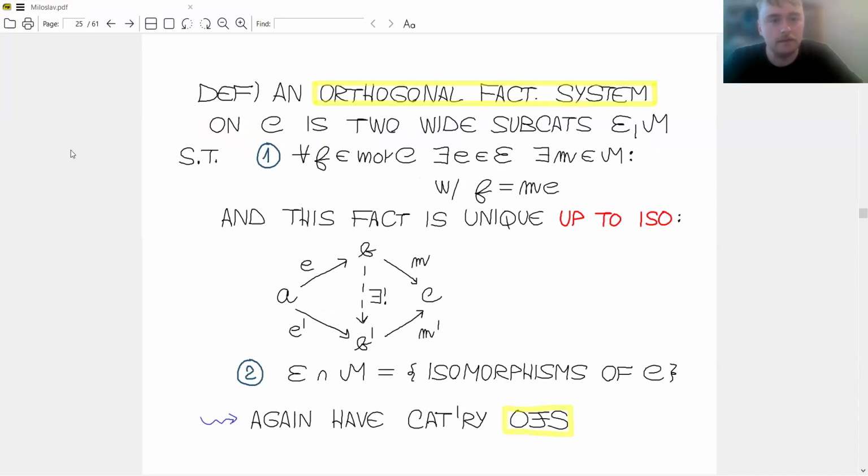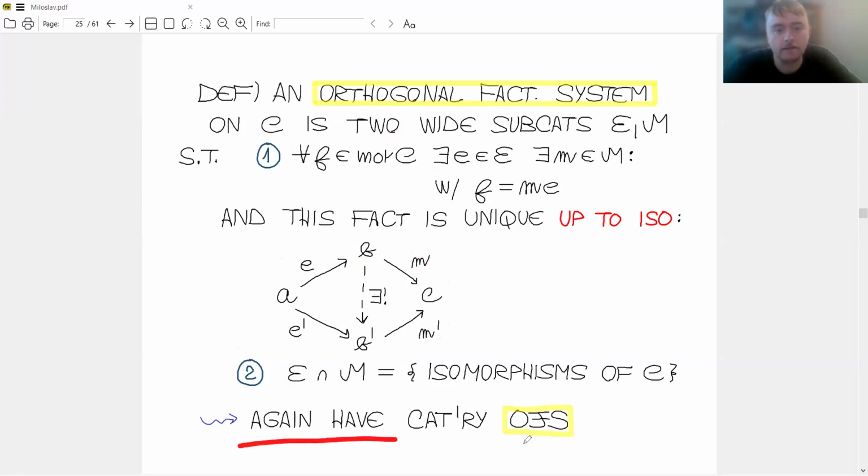Every morphism factorizes as a morphism from E followed by one from M. But now this factorization is not unique. It's unique up to an isomorphism, in the sense that if we have a commutative square like this, there exists a unique morphism between them. So this is the first property. And the second property is that the intersection of these two classes is precisely the isomorphisms of C.